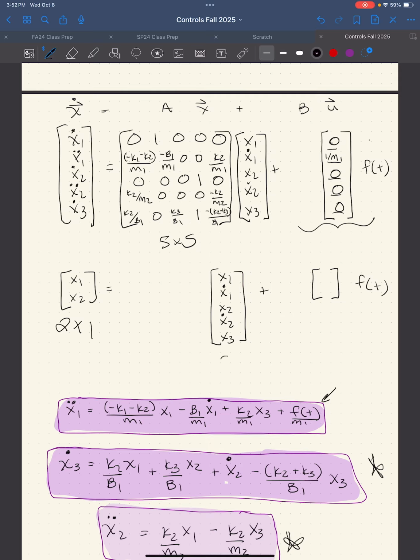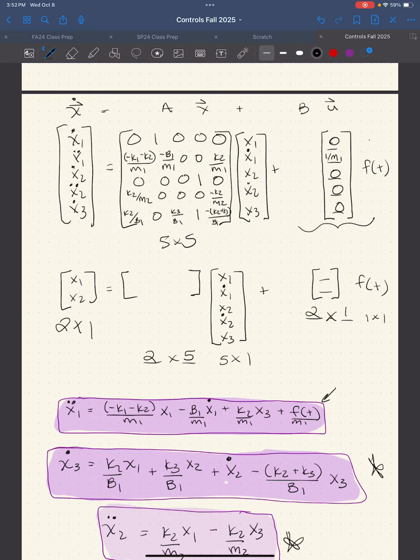So this is a 5 by 1. So this better be a 2 by 5. 2 rows, 5 columns. And this is a 1 by 1. So this better be a 2 by 1.